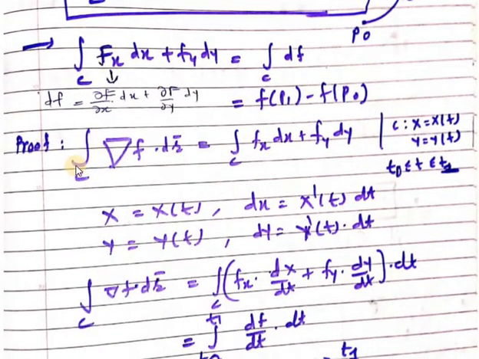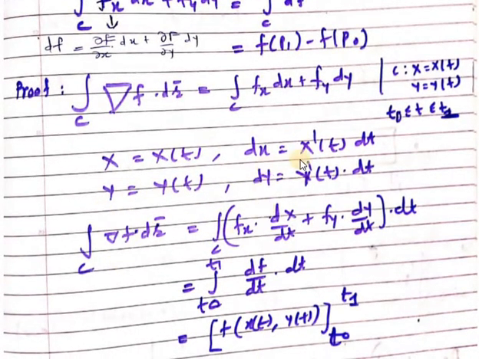If we consider another way, the integral of grad f dot dr can be written as we have assumed. Here the contour C we can represent with a parameter t. So x can be written as x of t and y as y of t, for t from t0 to t1. The small x is x of t, so dx can be written as x dash t into dt, and the same way for y.